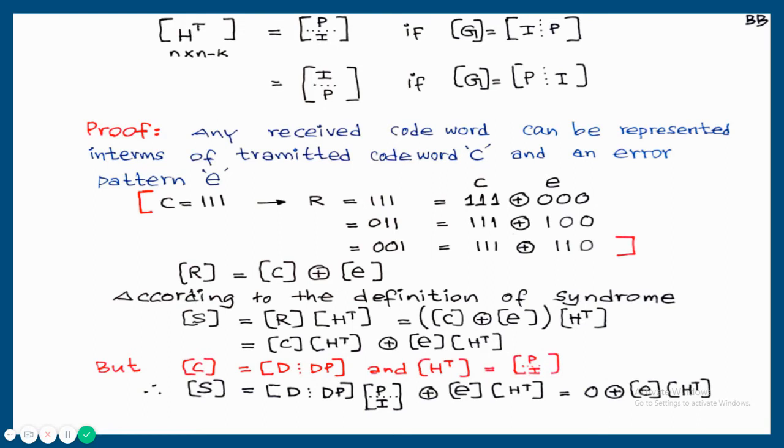But we have studied C is equal to D dP. That is, the first part is D bits and second part is the product of D and P. So that is why D dP.